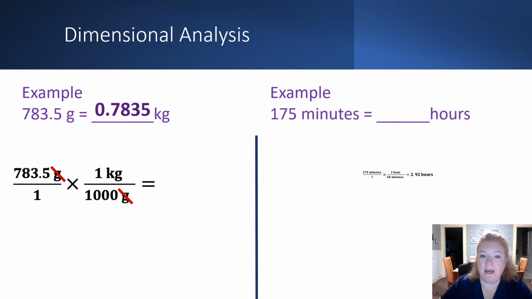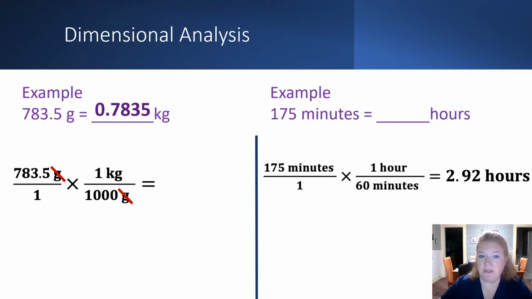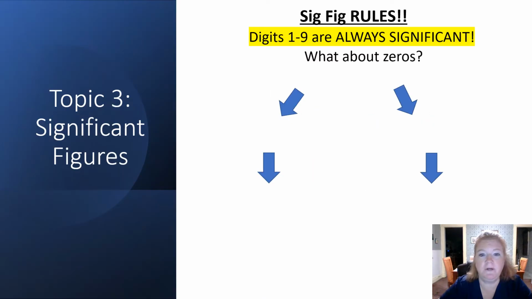So then my answer is going to be 0.7835 kilograms. Now, if you look at the dimensional analysis for minutes to hours, I use a different conversion factor to convert minutes into hours, but minutes still cancels out, and I'm left with the answer of 2.92 hours, okay?